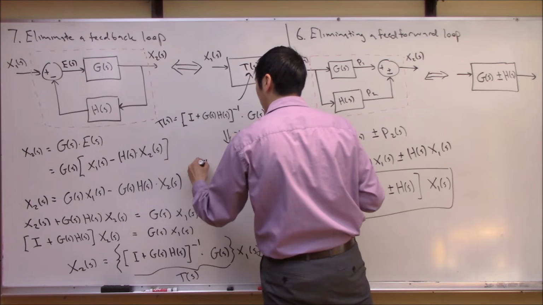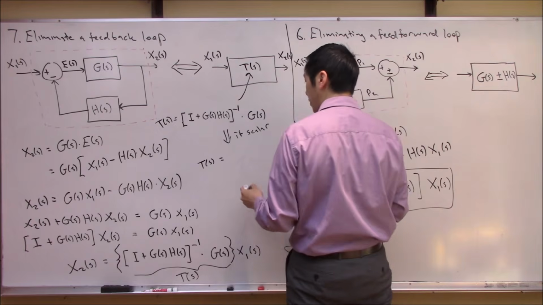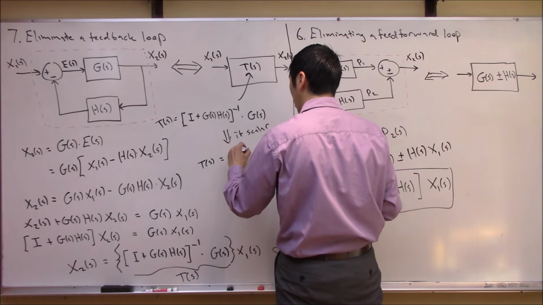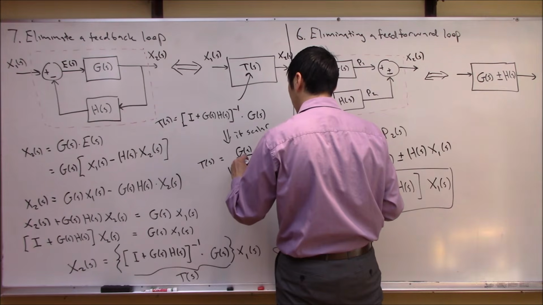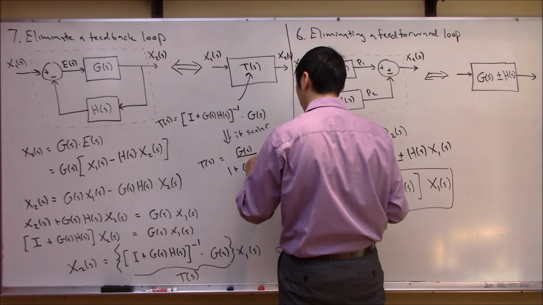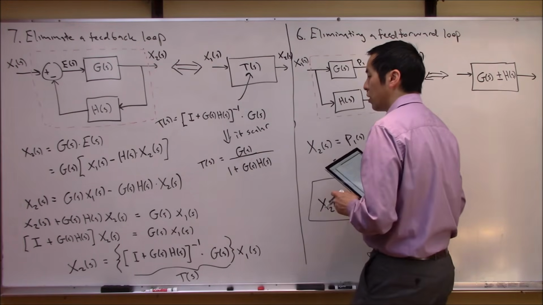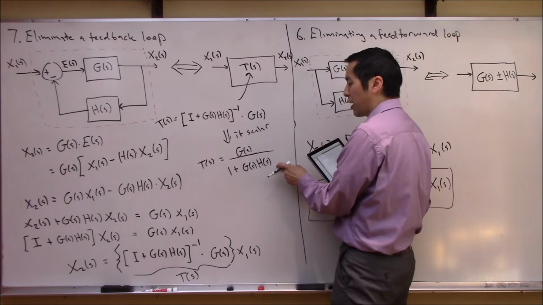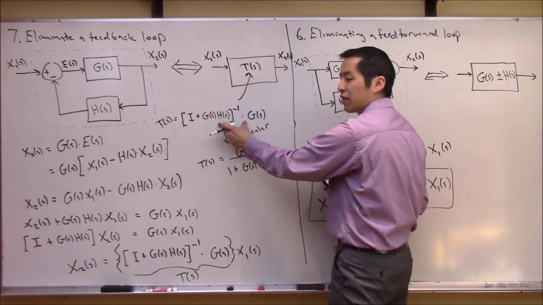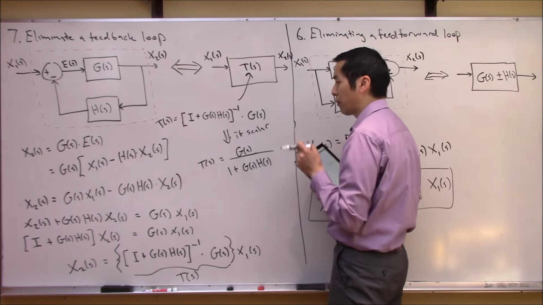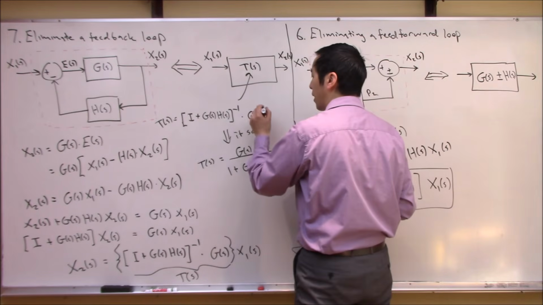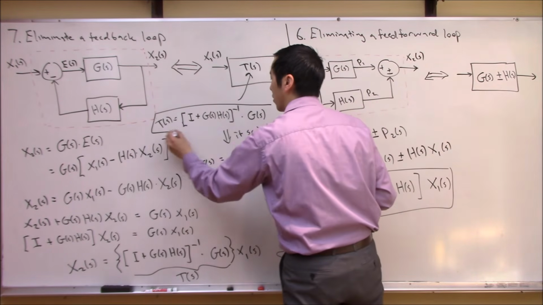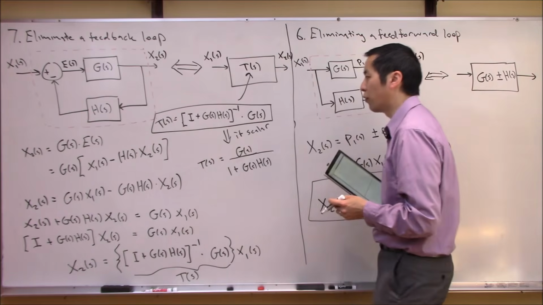You end up with T of S is G over 1 plus G H. You might see this in textbooks, but remember that what it really came from is this discussion up here where we're treating them like they were matrices. Either way you can consider it, but I like this better. This is the more general form.